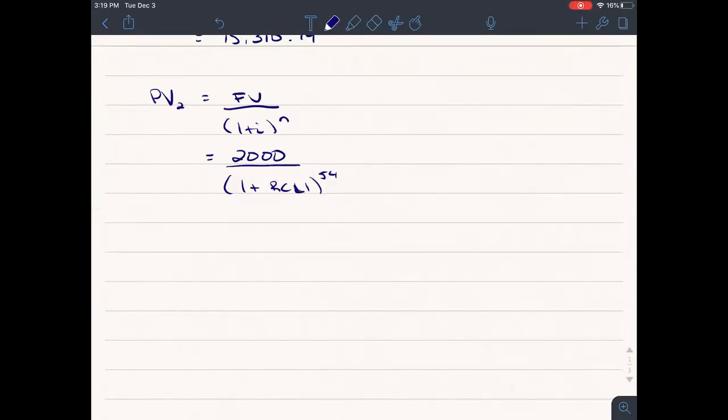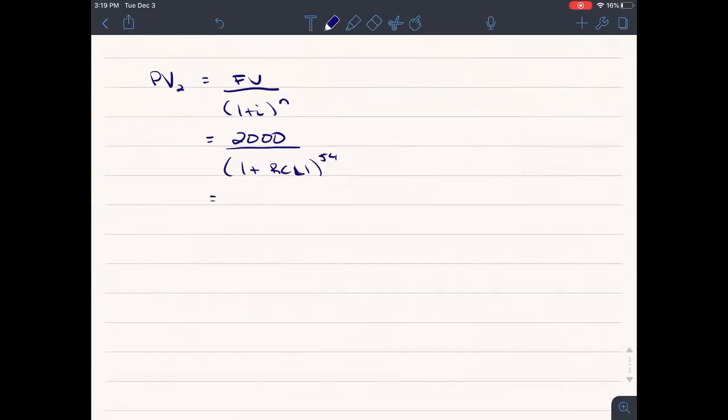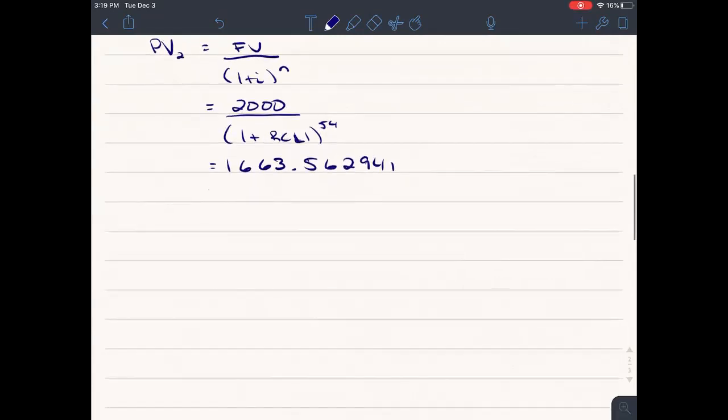And then 2,000 divided by that puts me at 1,663.562941. We're going to round that to 2 decimal places, of course: 1663.56.